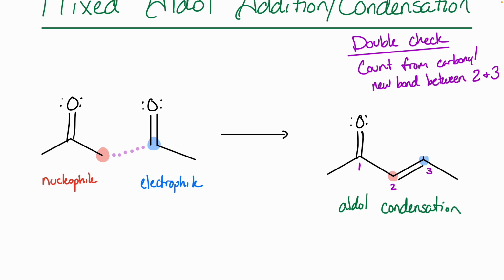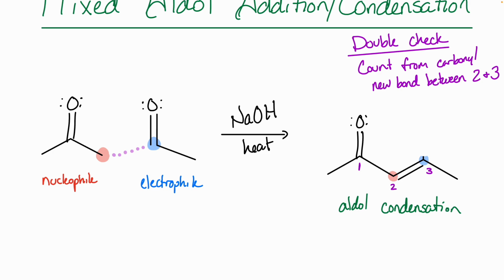Cool, okay. I've got a problem here. I can't just use that same strategy that we've been using of NaOH and heat, because there is absolutely no way for me to mandate that the acetone would be the nucleophile and the ethanol will be the electrophile, right? If I just toss that into that mixture, I'm going to have some acetone reacting with the ethanol the way I want, but I'm also going to have the reverse.